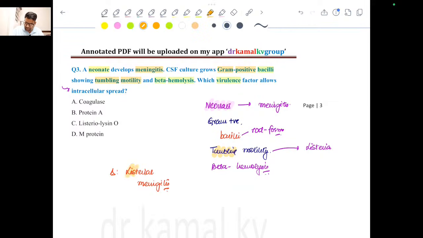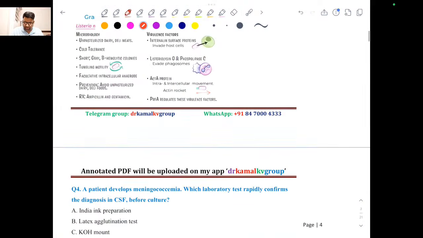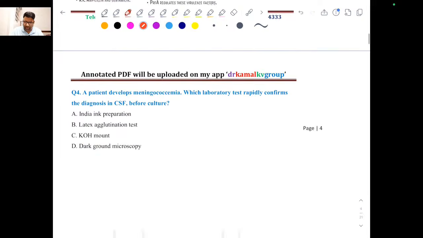If you know this word, you can simply mark the answer as listeriolysin O, right. So, that is not much difficult, but the keywords here are tumbling motility and meningitis in a neonate. So, that is how you can answer this question. So, very easy. Then this image you can see in the annotated PDF.